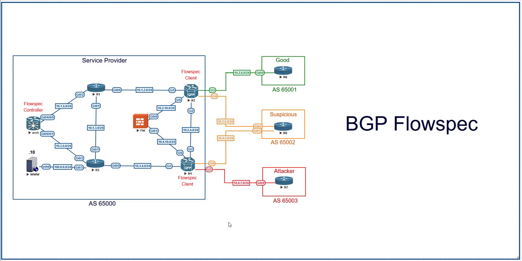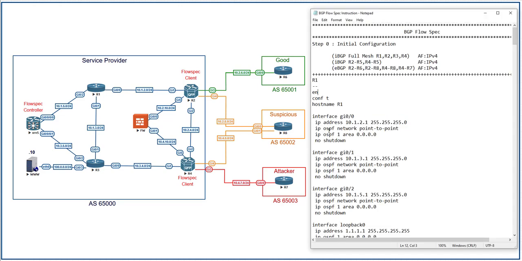Let's configure this scenario so we can better understand BGP Flowspec. First, in step 0, we have the initial configuration. We have iBGP full mesh between router 1, router 2, router 3, and router 4 for address family IPv4. And we have iBGP neighborship, again for address family IPv4, between router 2 and router 5, and also router 4 and router 5. Why?